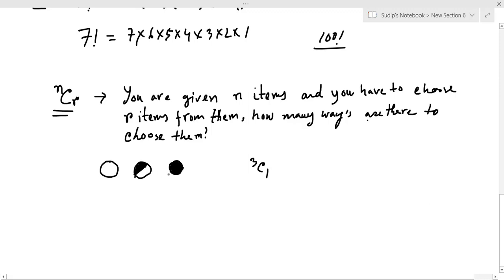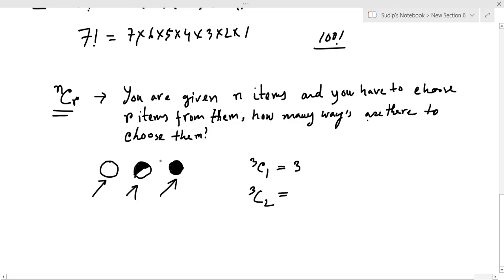Now 3C1 means you can make a choice of 1. You have to take any one, so you can make 3 moves. You can pick the white one, or you can pick the black one, or you can pick the semi-white one. So 3C1 is equal to 3. If you are given 3C2, then 3 choose 2 means you have to choose 2 balls from the given 3 balls.